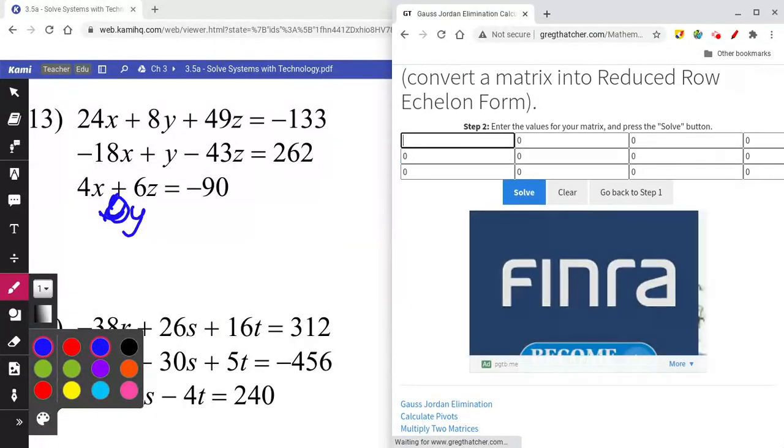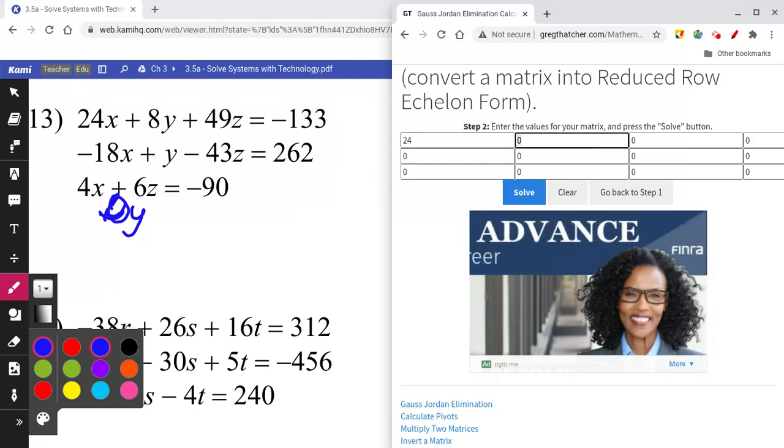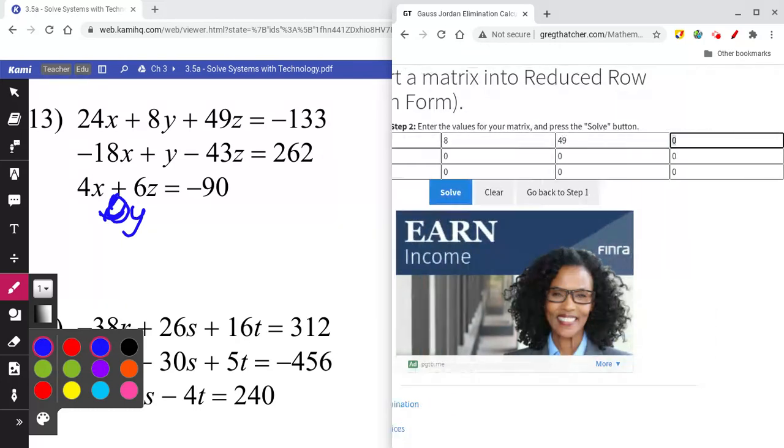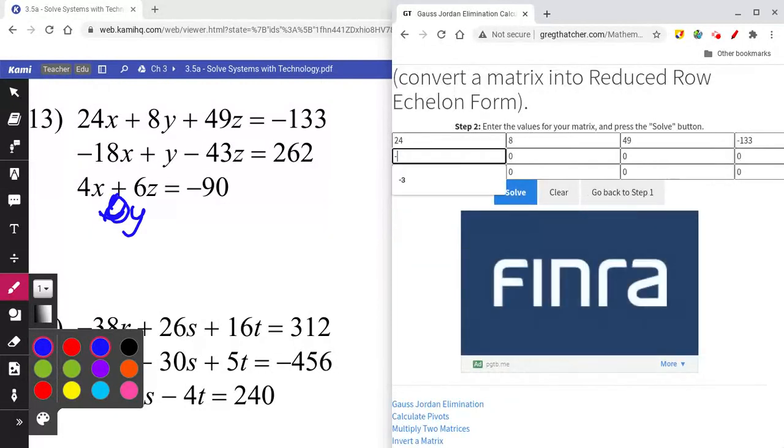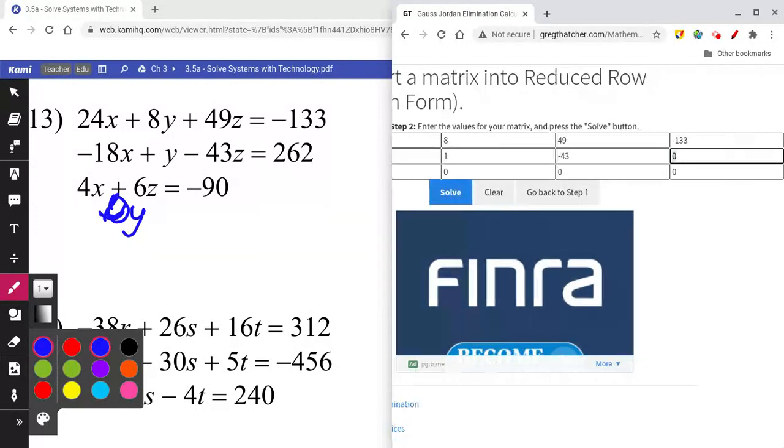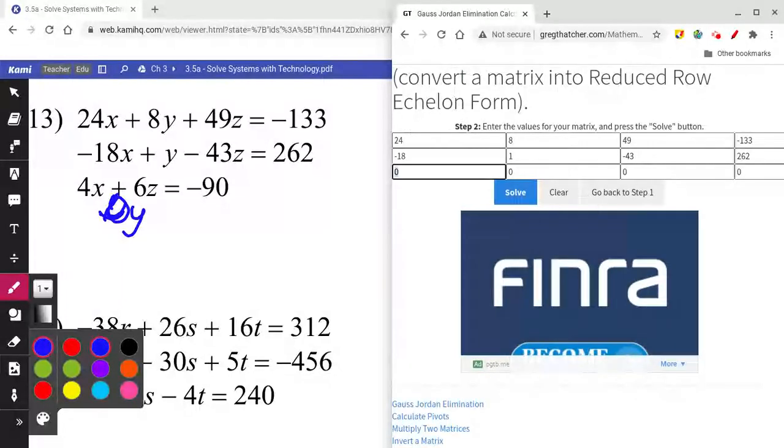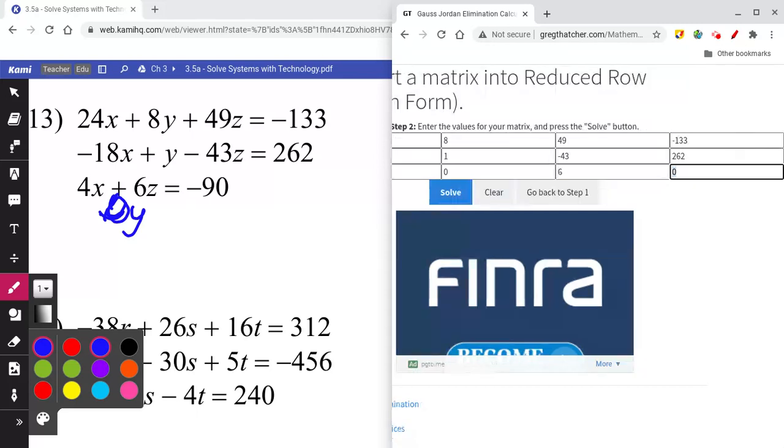So the top equation says 24x, 8y, 49z, negative 133, negative 18x, 1y, negative 43z, 262, 4x, 0y, 6z, and negative 90.